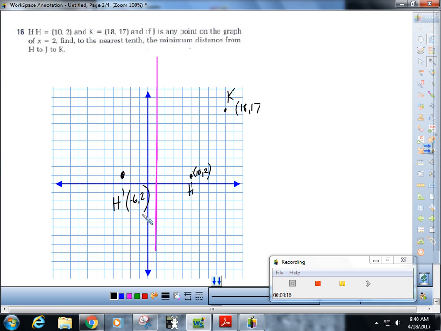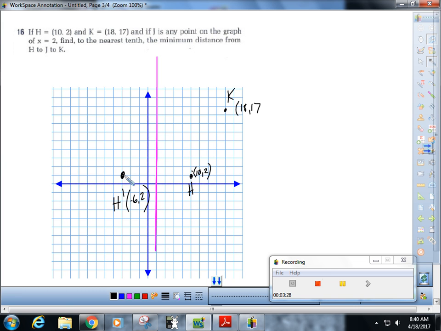Okay? So I want you to notice that the shortest distance from here to here is definitely that line. That's definitely the shortest distance from K to H prime.